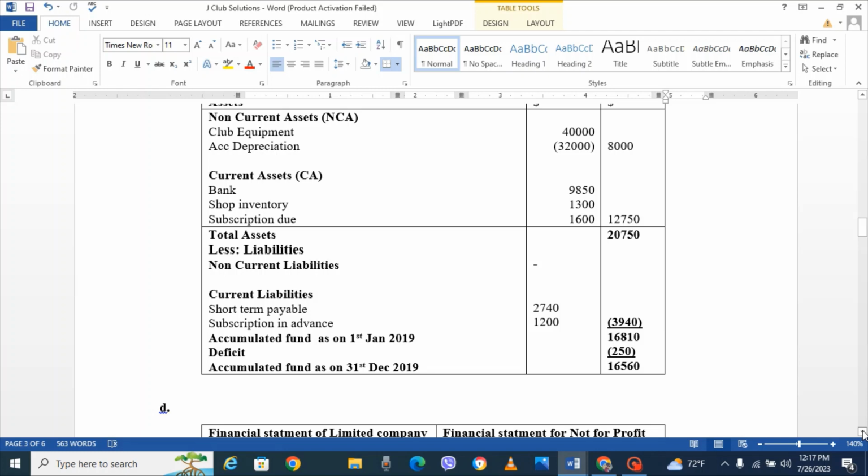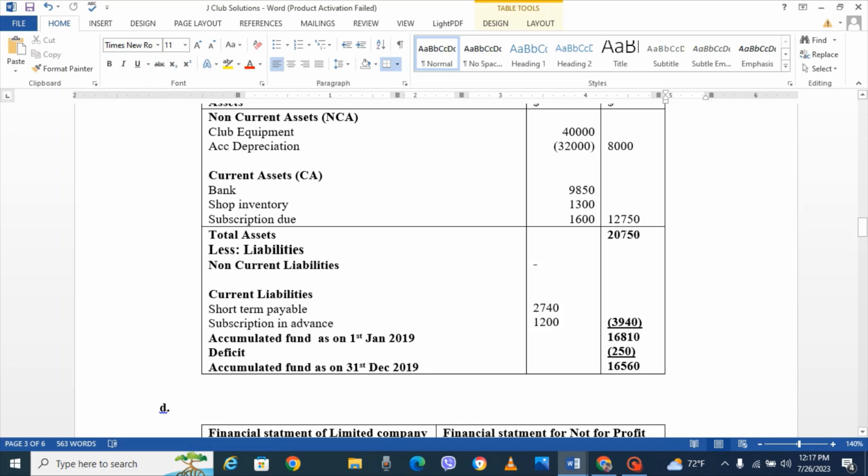As for current liability, you can see there is the availability of short-term payables of $2,740, and subscription in advance, that is next year's advance, of 1,200. You can see subscription in advance 1,200 on 1st January 2019. So in total, the current liability available is 3,940.